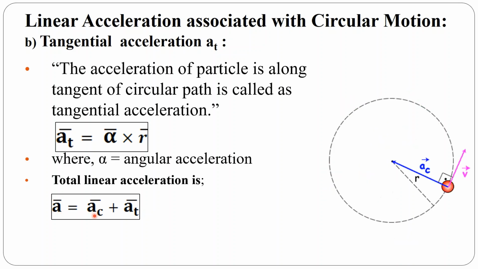Centripetal acceleration is necessary for circular motion, and tangential acceleration acts along the tangent. Tangential acceleration also gives the relation between alpha and linear acceleration.